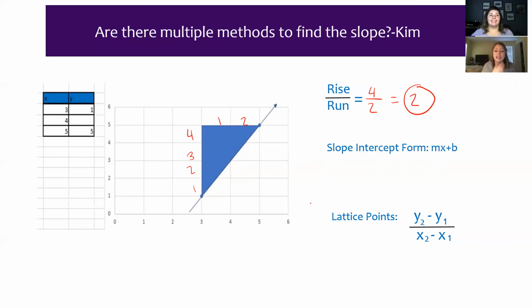So we can go ahead and label our points. By our points, you mean this point here and this point here? Yes. So we see that x1 would be 3. We're calling this set our 1 and this set is our 2.